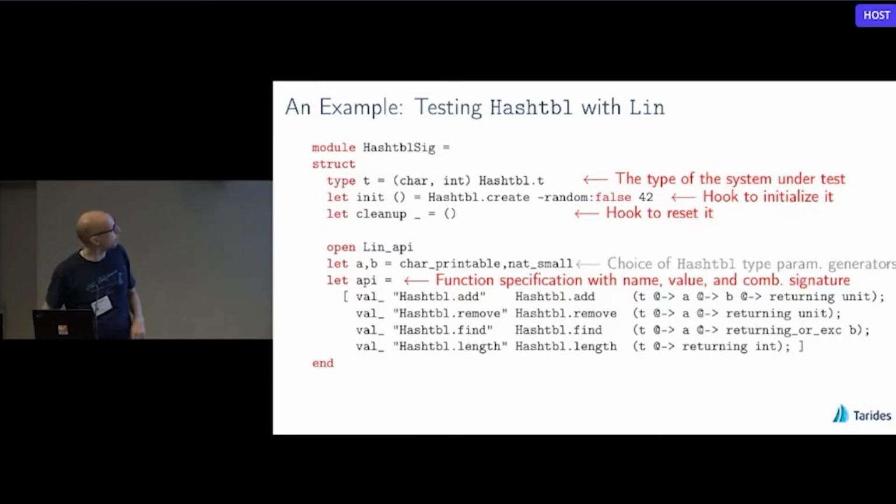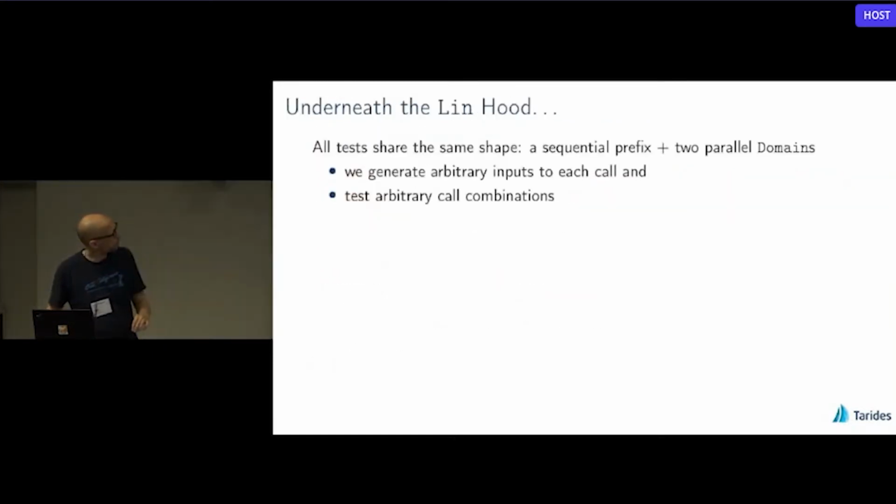And then, perhaps less importantly, in an attempt to be pedagogical for the alpha and the gamma here, I named them A and B, and I choose a couple of generators for those.